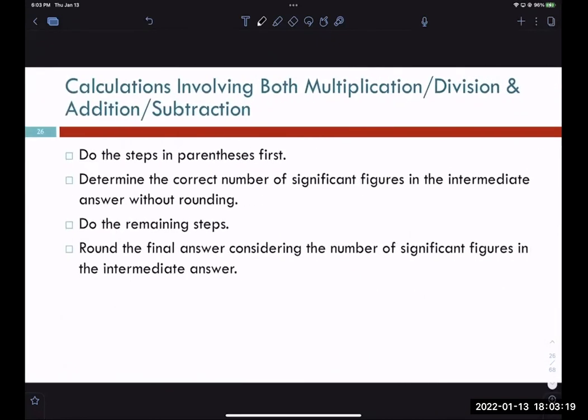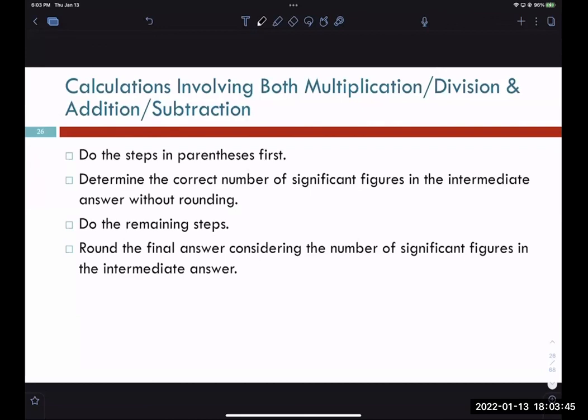So you can have combinations. You can have a whole string of calculations where you do addition, after that multiplication or division, and vice versa, all intermixed. But the way you do these is you just do them one step at a time. The key difference is that you have to keep track, in your intermediate steps, without rounding, of how many significant figures you have.